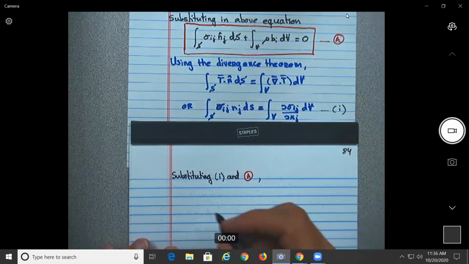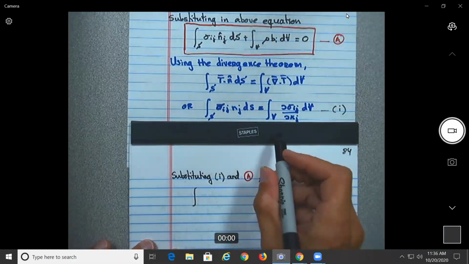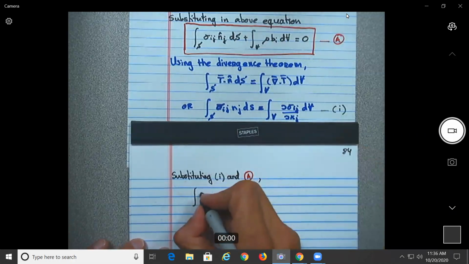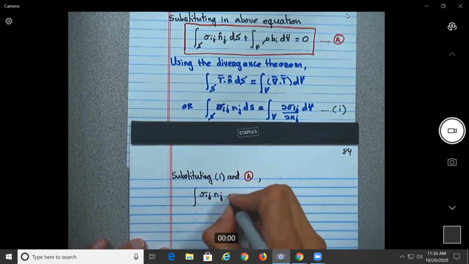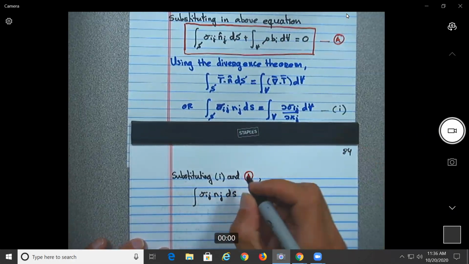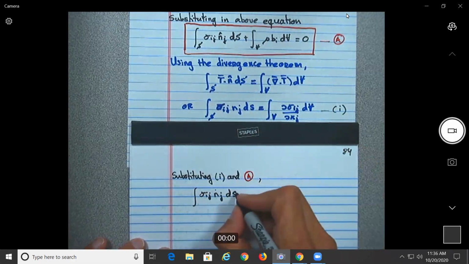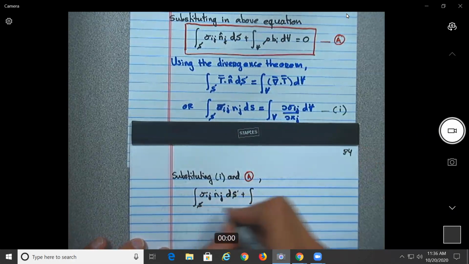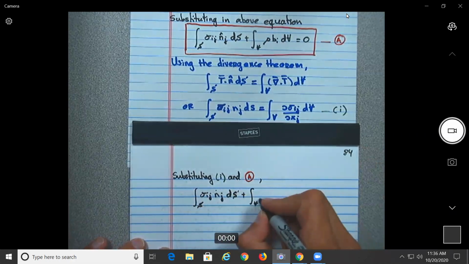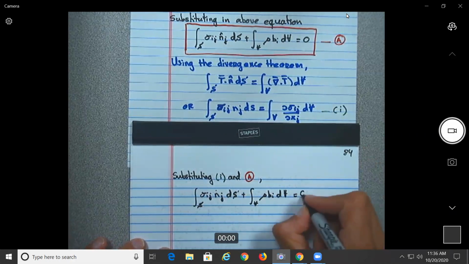Okay, so I just rewrite it. Let me just rewrite this equation, that way I don't do any substitutions from one page to the other. So this is the initial equation here: the S plus the integral of volume rho b_i dV equals 0.